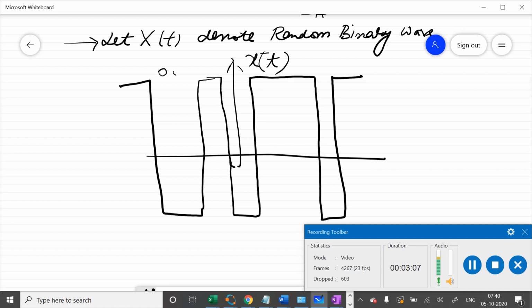This is 0 0 1, then again 0, then 1 1 0 1 1, and this is again 1.